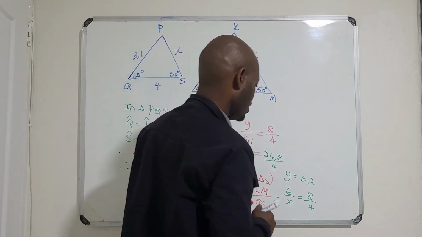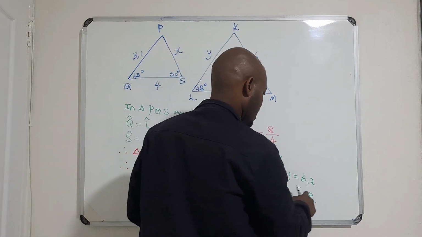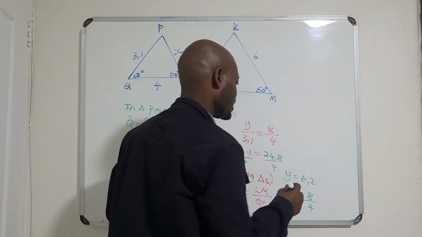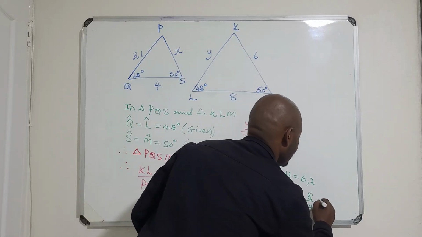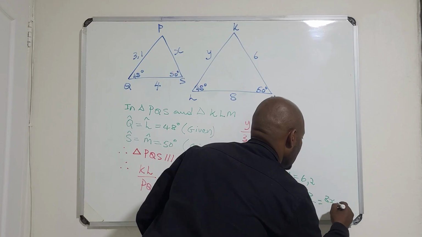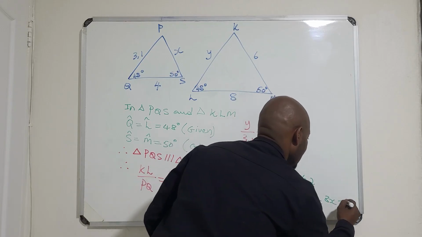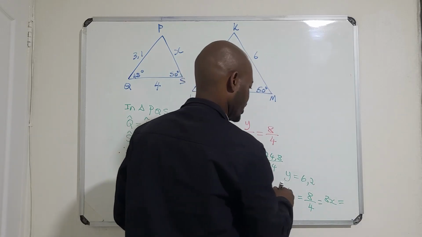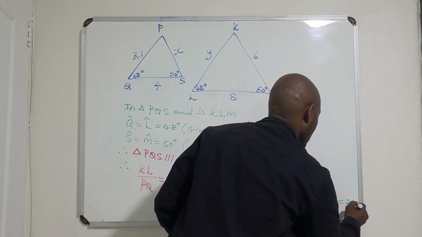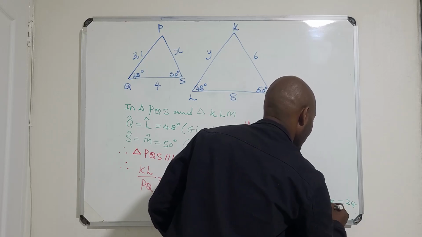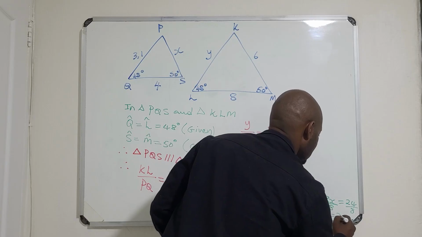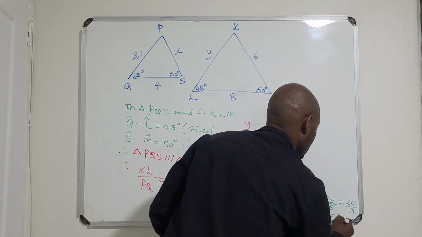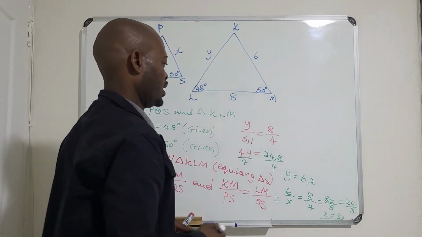Now, this times that is 8x, equal to this times this is 24. Divide by 8, divide by 8, our x is 3.